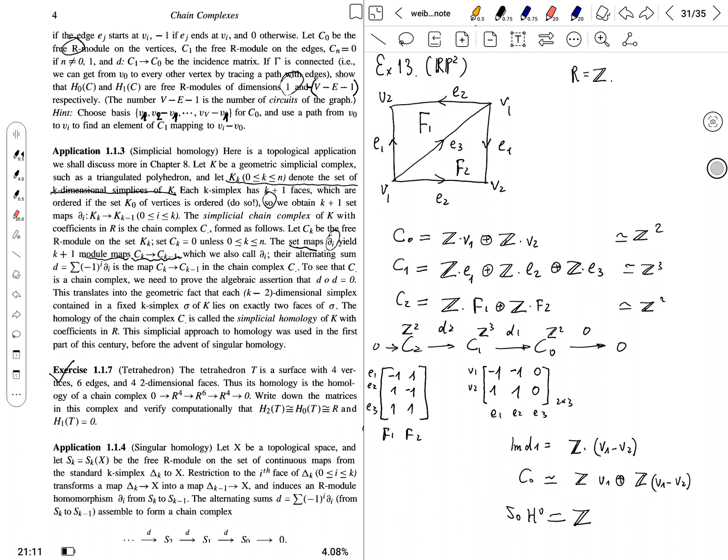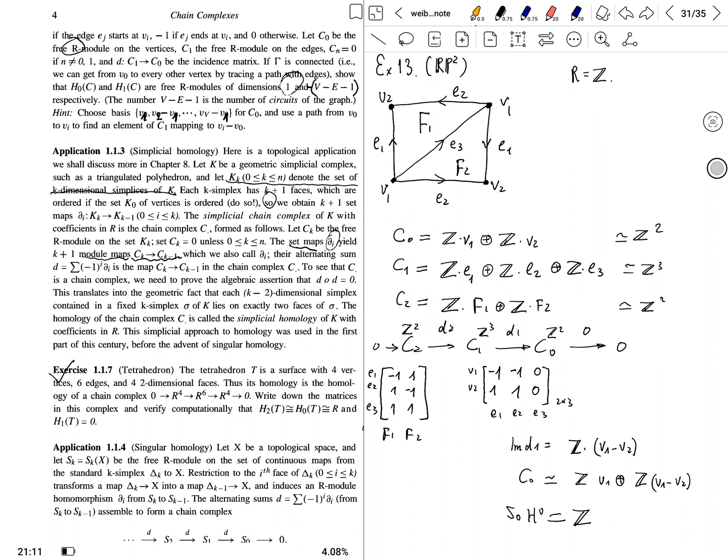We have two vertices, 1 and 2. Although these are the same point, we still fix an order on it.